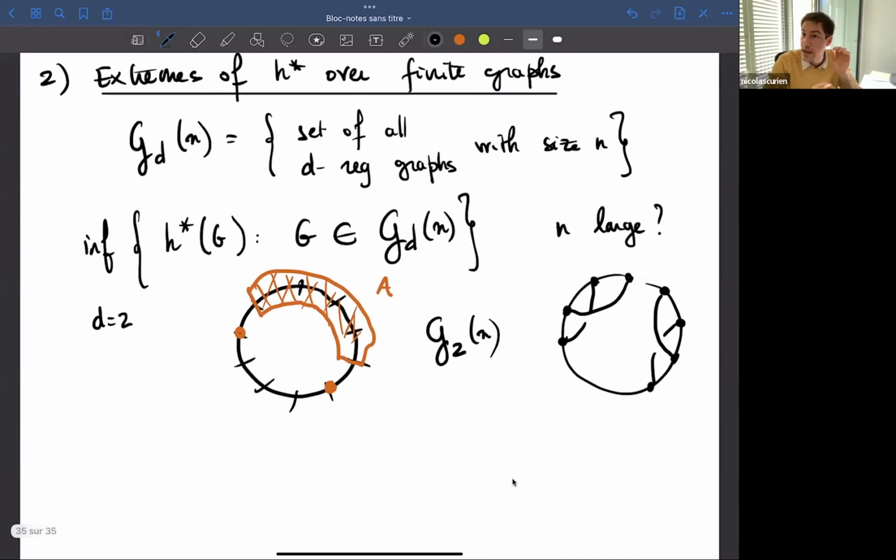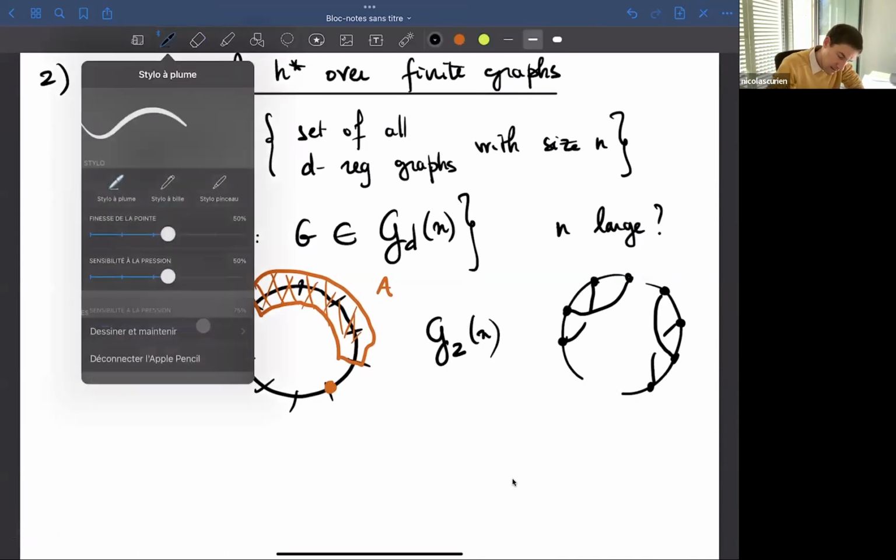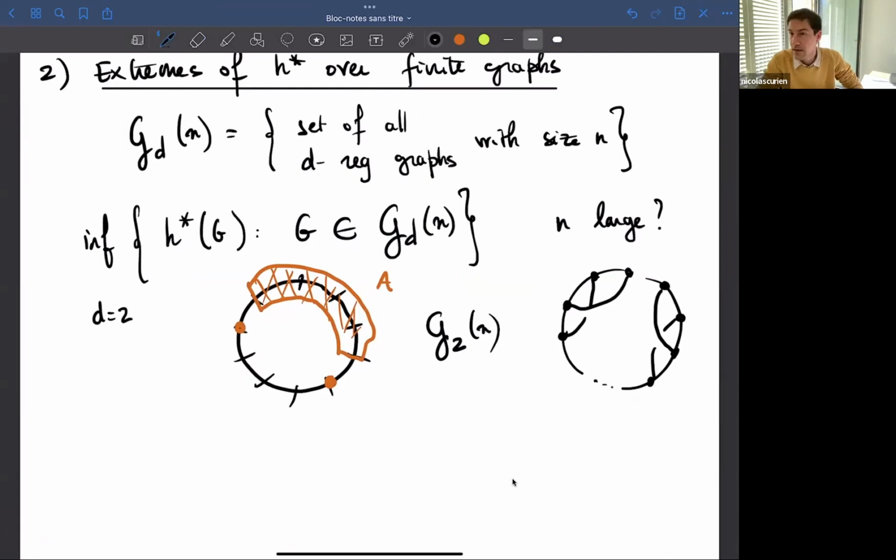You see what I'm doing? Here it's a large piece. So you can mimic a one-dimensional graph with D regular graphs which look one-dimensional seen from very far, and so their Cheeger constant can be as small as you wish, provided that the graphs are large. So this tends to 0 as n goes to infinity.